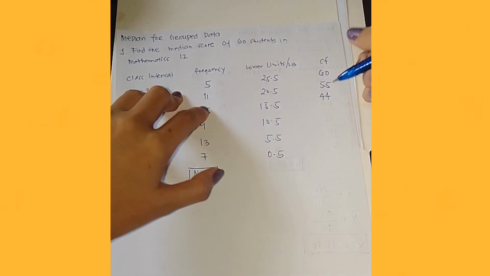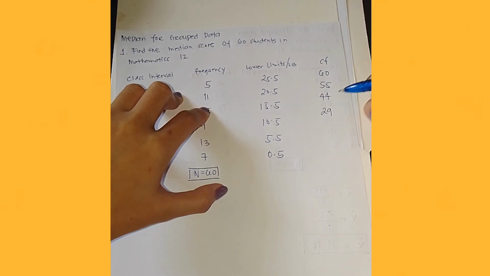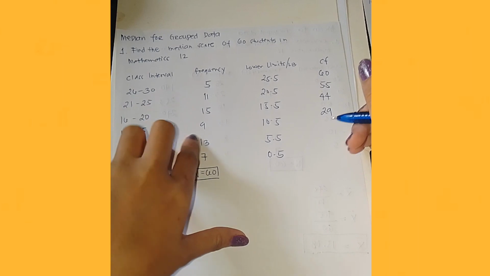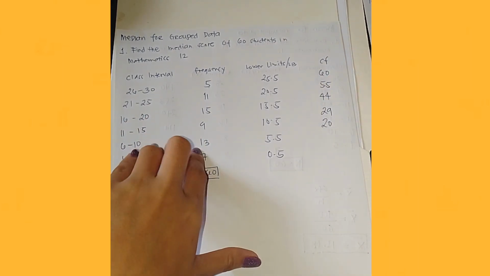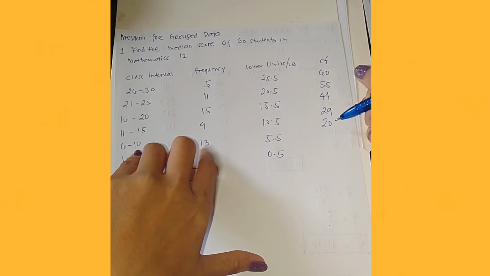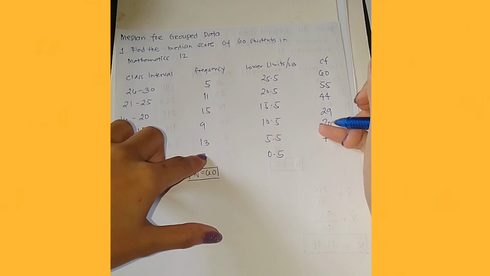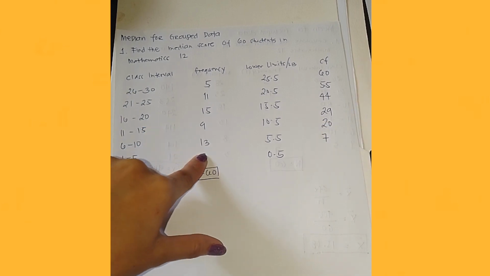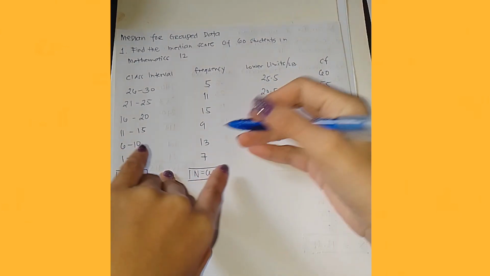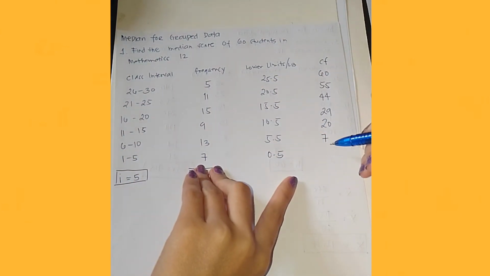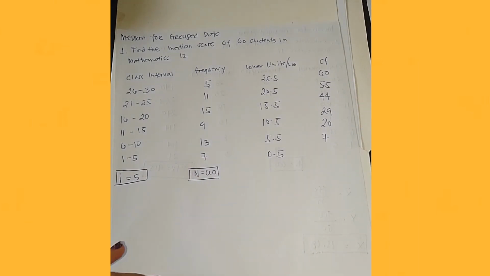Then, 44 minus 15 is 29. Then, 29 minus 9 is 20. And lastly, 20 minus 13 is 7. Then, 7 minus 7 is 0. So, meaning, we're correct here since our last answer is 0. We no longer write the 0.